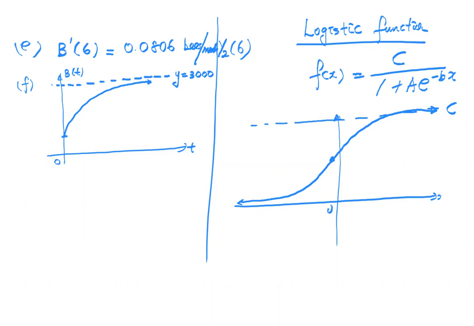And the y coordinate of the inflection point here is c over 2. So this is called a logistic function. If the inflection point is not half of the upper limit, we don't call it logistic. Are you clear? So that's all.